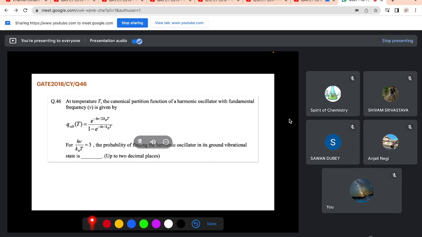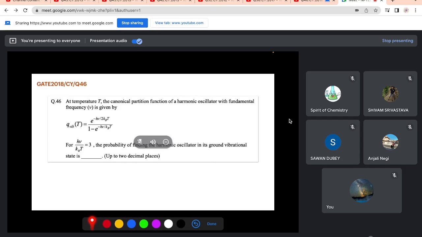So this expression becomes P0 is equal to e to the power minus h nu upon 2 kBT, upon e to the power minus h nu upon 2 kBT, and this expression comes up, and we can get 1 minus e to the power minus h nu upon 2 kBT.